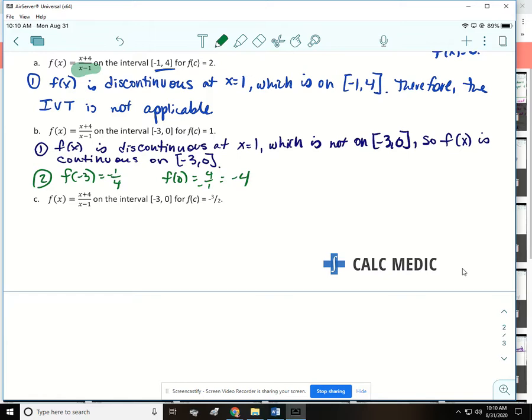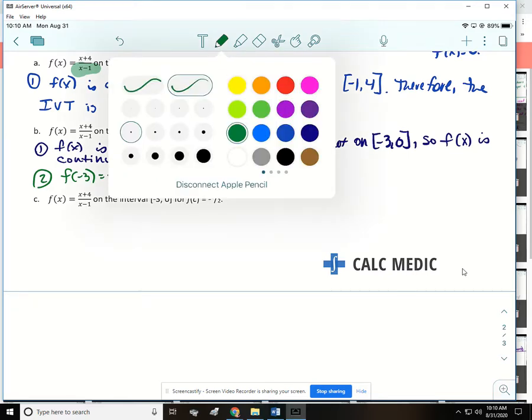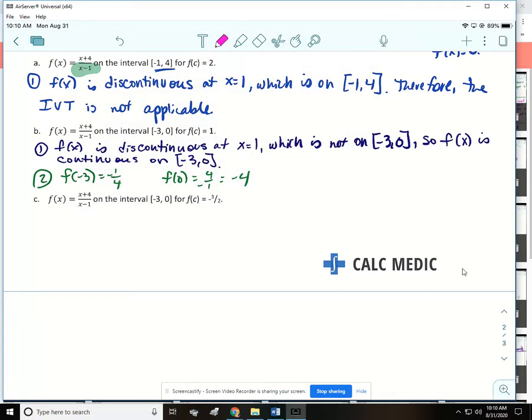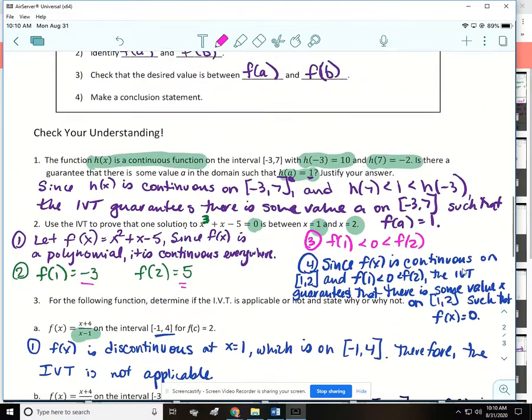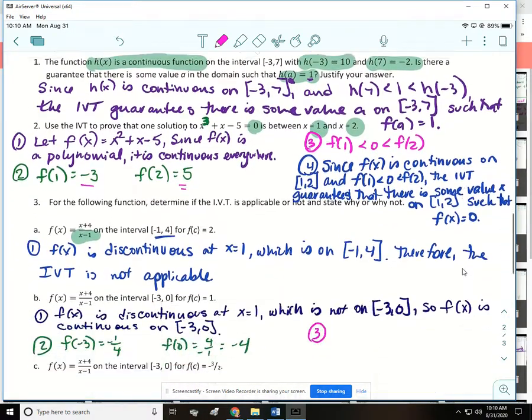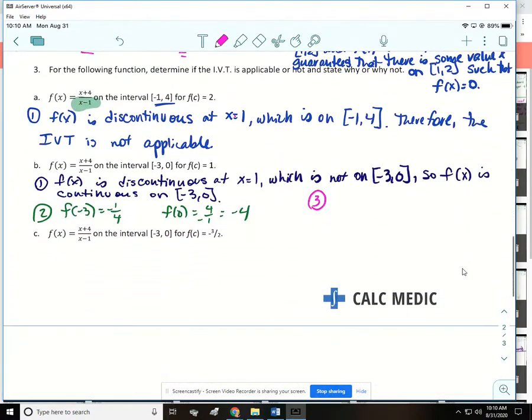All right, then we go to our third step. Our third step is to check to see if the desired value is between those two. Our desired value was 1. 1 is not between f of -3 and f of 0. It's not between -1/4 and -4. So the intermediate value theorem is not going to be applicable.